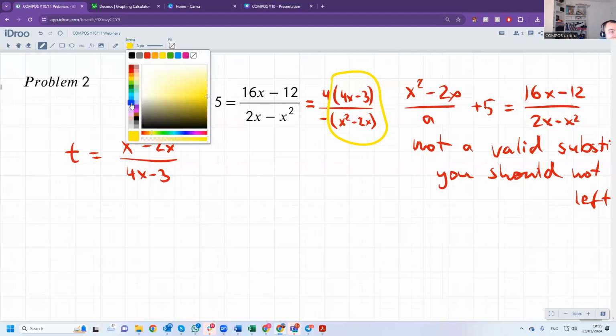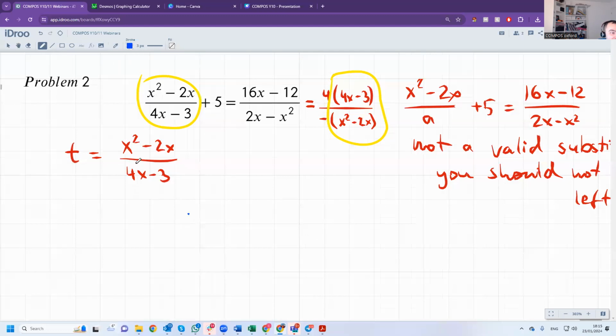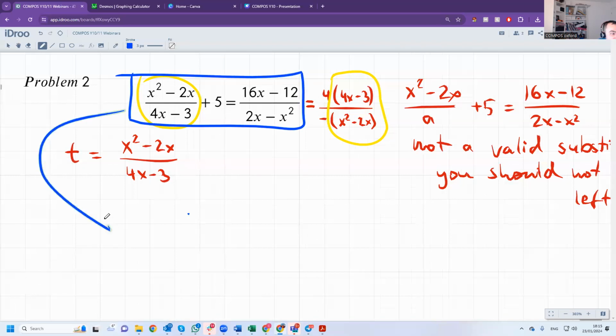So I can continue with the substitution. This equation becomes t plus 5 equals 4 divided by minus t. Almost there, Vishaka.